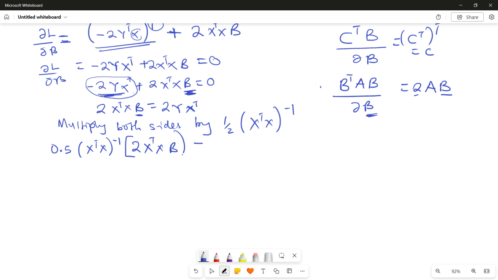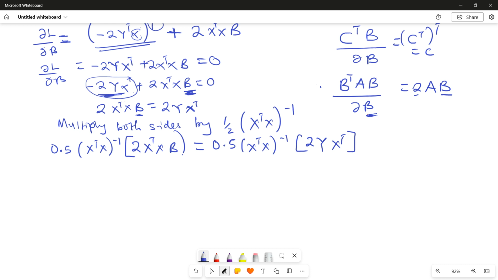We should do the same on the right hand side, so we also multiply the right hand side by 0.5 x transpose x inverse, multiplied by 2y x transpose. So what we've done is just multiplying both sides by 0.5 x transpose x inverse.